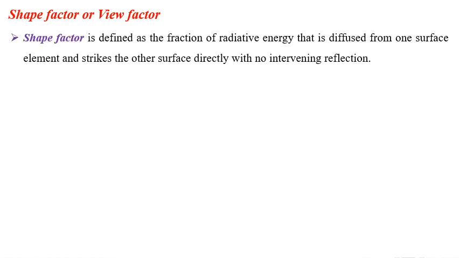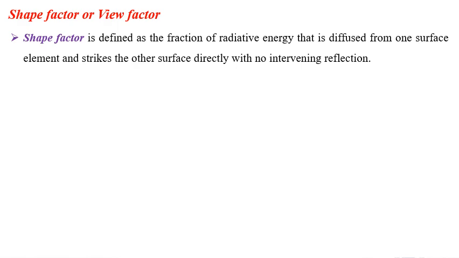Shape factor or view factor is defined as the fraction of radiative energy that is diffused from one surface element and strikes the other surface directly with no intervening reflection. It is also known as view factor, angle factor, geometric factor and configuration factor.